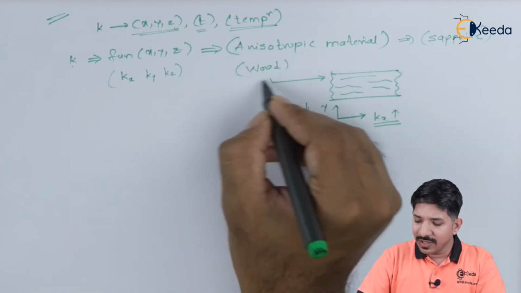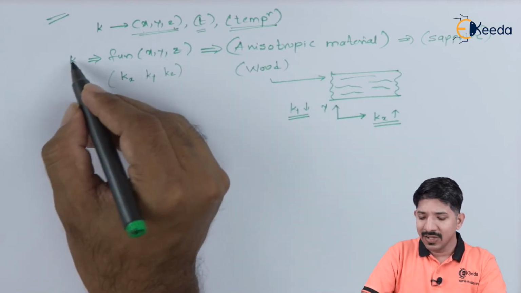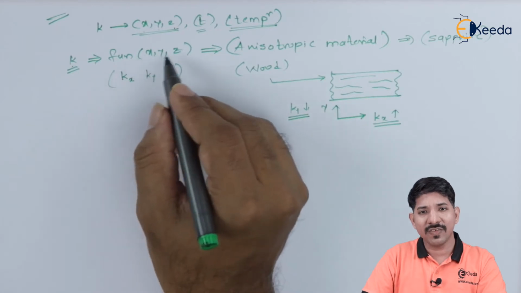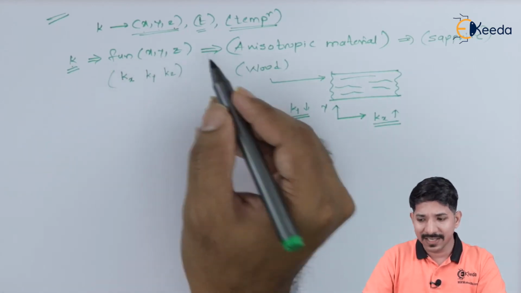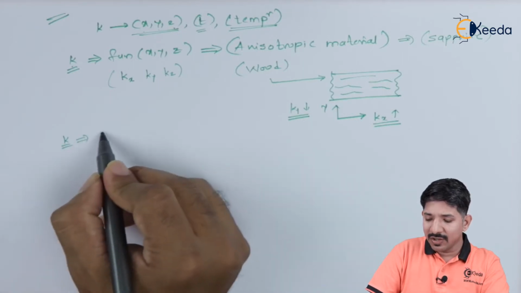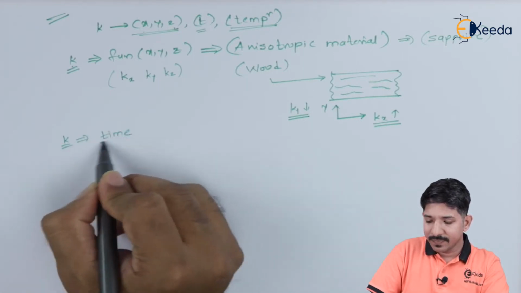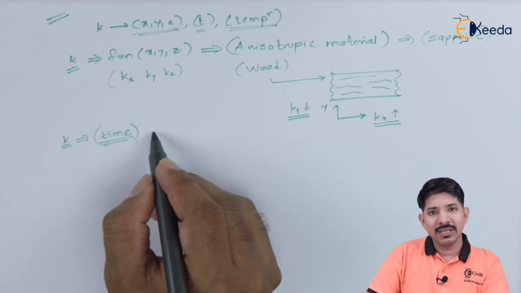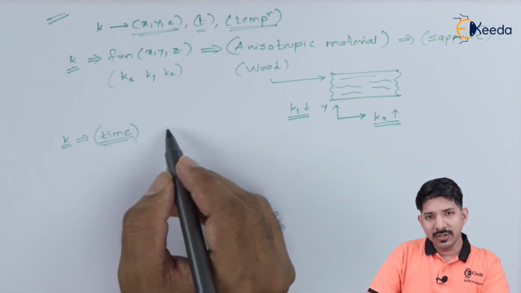So this is one of the examples of an anisotropic material where k, that is the thermal conductivity itself, is a function of x, y, z. There might be a possibility that k itself may vary with time, meaning the thermal conductivity may change according to time.